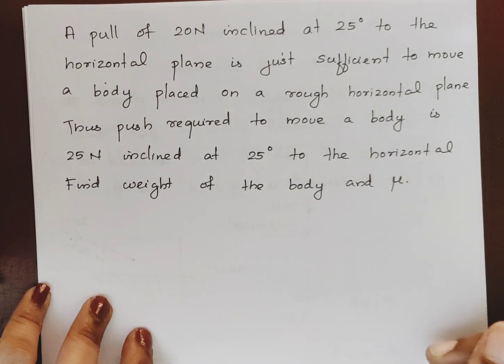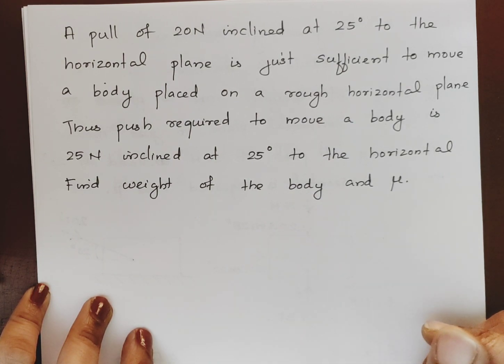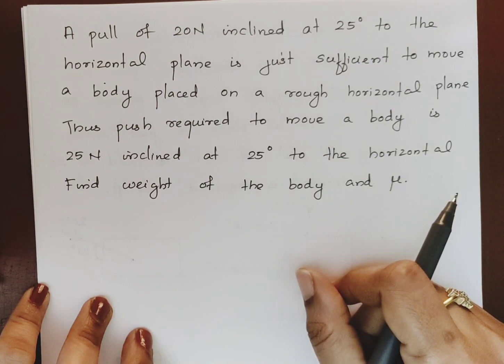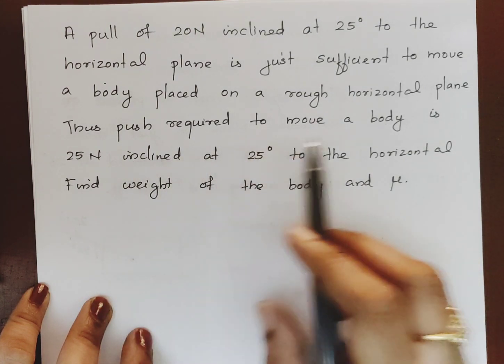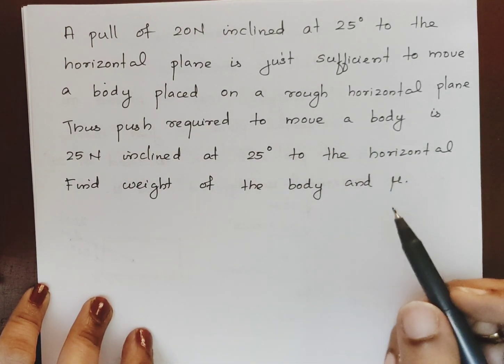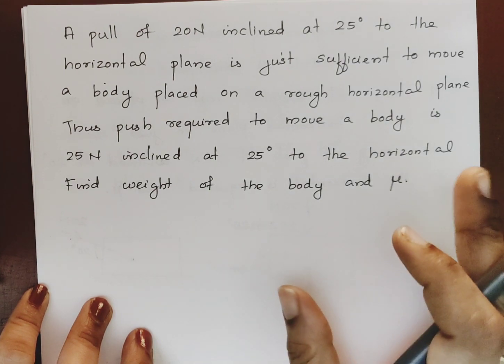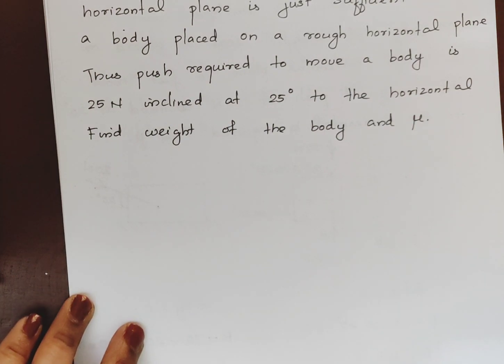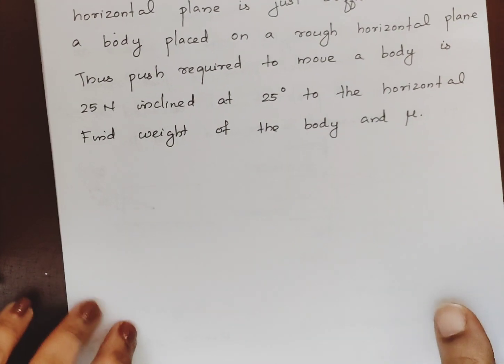So here a pull of 20 Newton inclined at 25 degree is required to move a body. That is the first case. Second case, a push required to move the body is 25 Newton inclined at 25 degree to the horizontal. You have to calculate the weight and the coefficient of friction, mu.